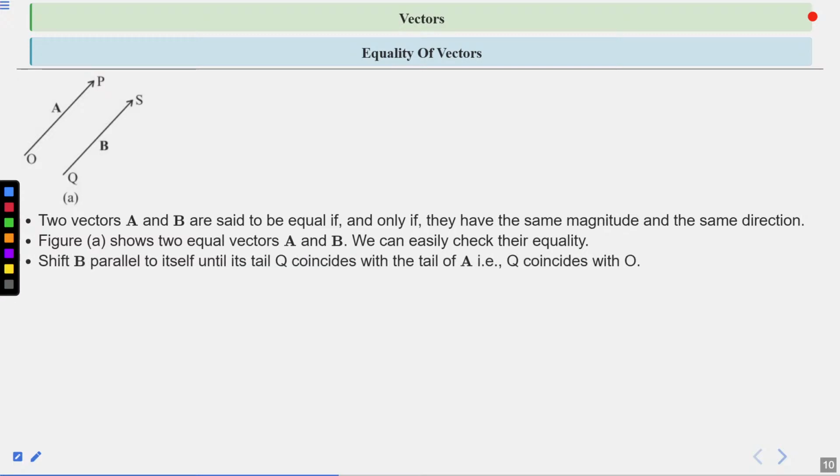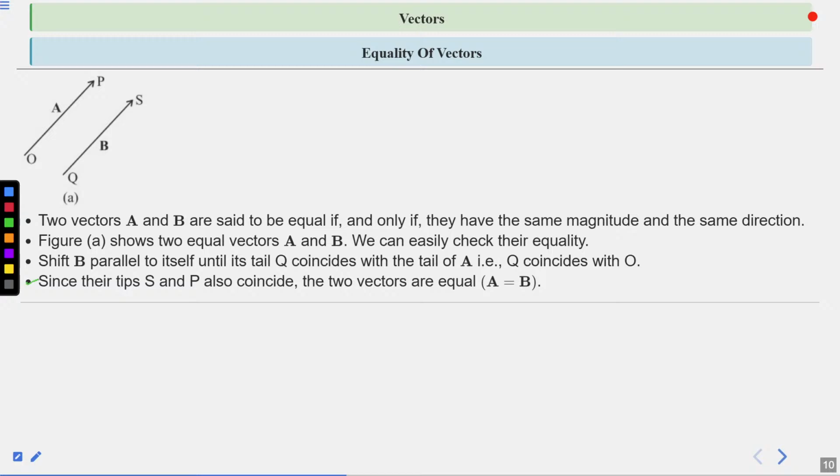Shift B parallel to itself until its tail Q coincides with the tail of A, that is Q coincides with O. So in that case, since tips S and P also coincide, the two vectors are equal.